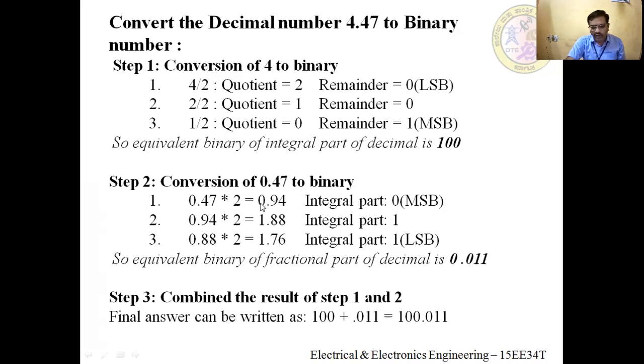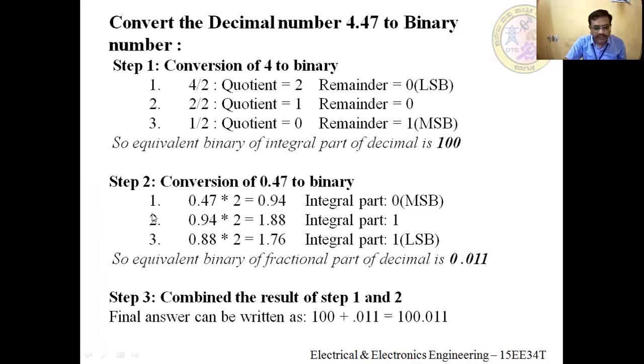So 0.47 into 2, how much is it? 0.94. So here, this is the product. This product contains 2 parts, one is the integer part and the other is the fractional part. So what is the integer part? 0. So the integer part will be 0. That 0 will become the MSB of the required binary answer.